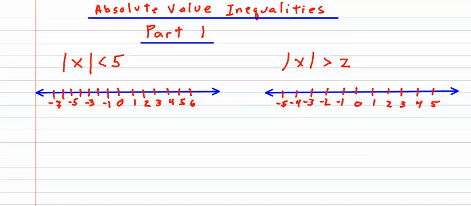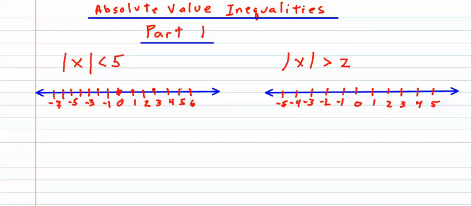For instance, does 0 have an absolute value less than 5? Yeah. Does 1? Yeah. Absolute value of 1 is 1. How about 3? Of course. How about 4.999? Absolute value of 4.999 is 4.999. That's less than 5.